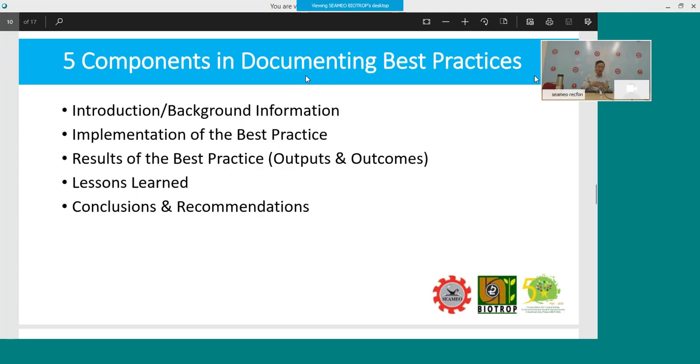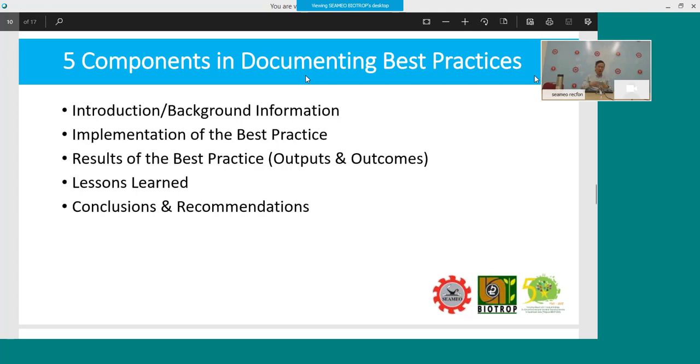So we now come to the 5 components in documenting our best practice. So when we write them, we would like people to be able to read and adapt them. So these are the components or the sections on writing our best practice.